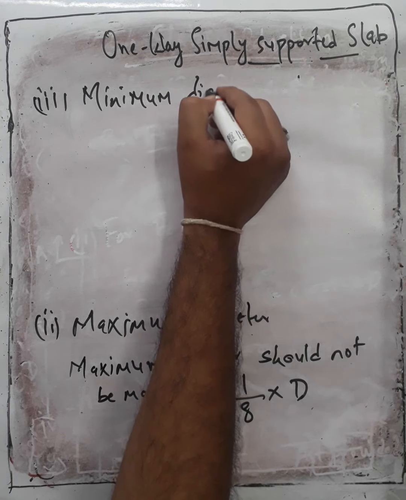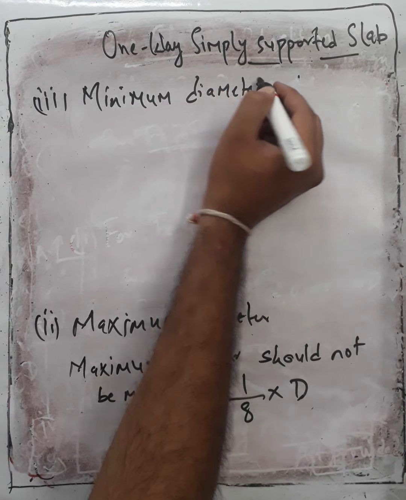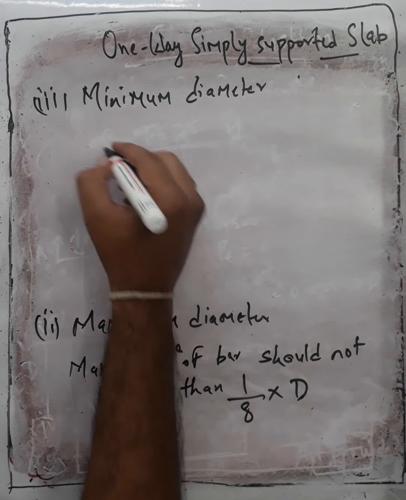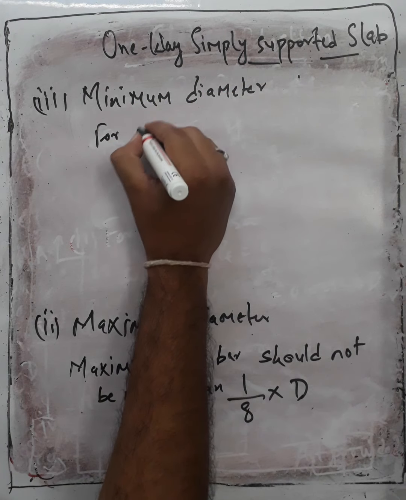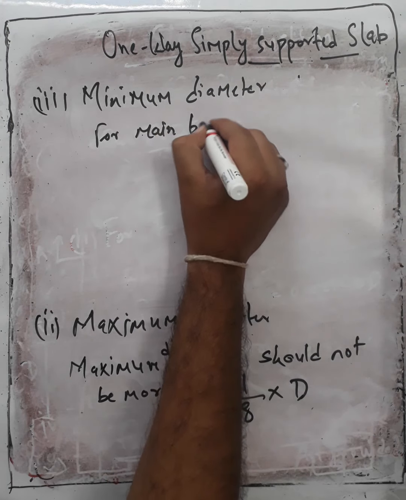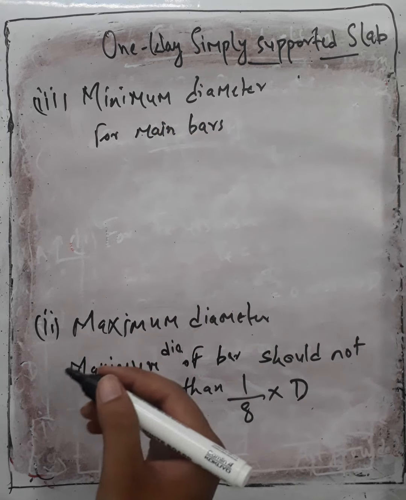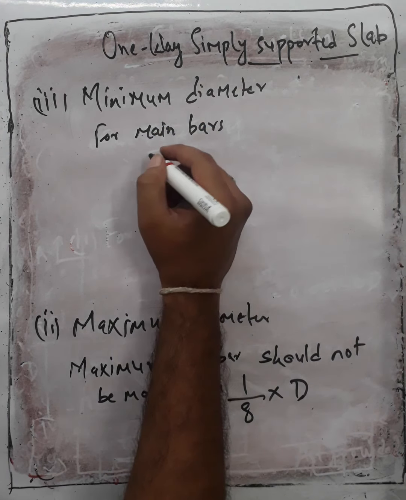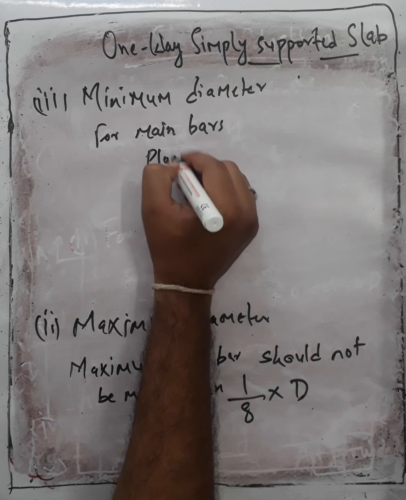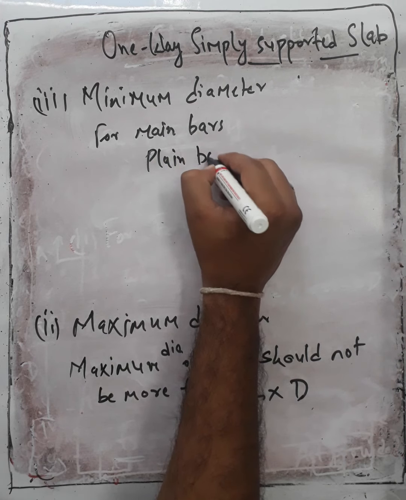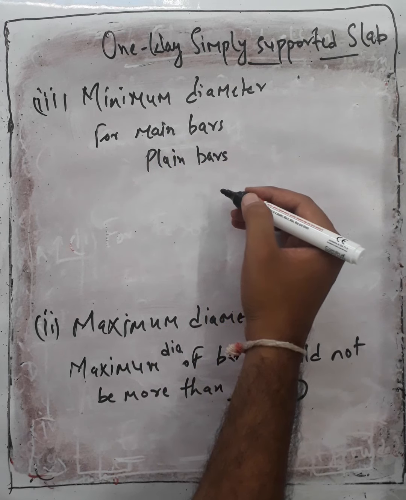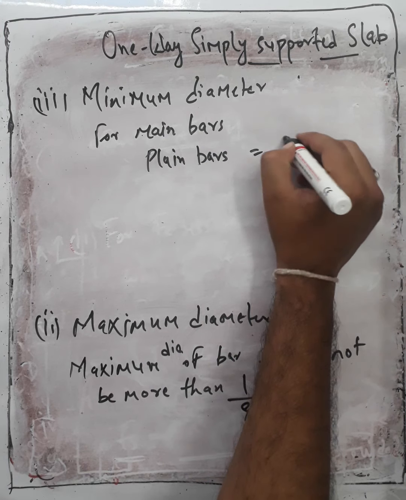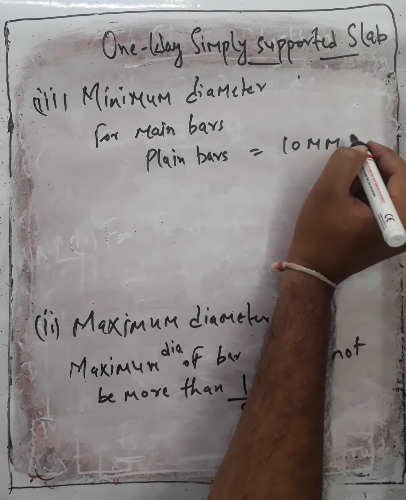Minimum diameter. Now here we have provided two bars, main bars and distribution bar. So for both we have minimum diameter criteria. So minimum diameter for main bars, if we use plain bars, means 250 Newton per mm square, then minimum diameter is 10 mm.